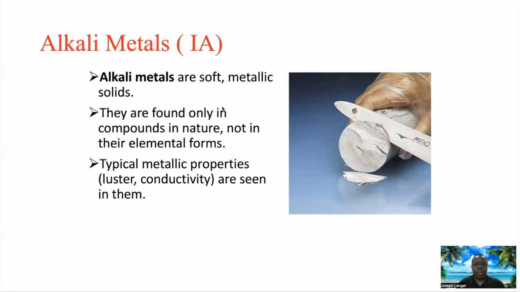Alkali metals, or group 1A, or just group 1 in the IUPAC system, are soft metallic solids. These look like sodium. I worked with sodium before, and it's very soft. You can just cut it with a knife, but they readily react with oxygen and water vapor in the atmosphere, so they are stored in mineral oil.